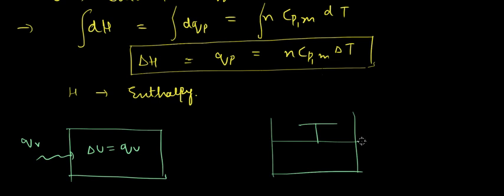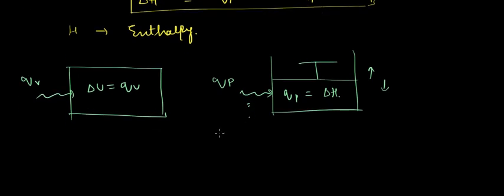So here, if we are applying heat, the pressure is constant because the piston's weight is not changing, but the boundary of the setup can actually move either up or down, and here the heat would be exchanged at constant pressure, so that would be equal to change in enthalpy.